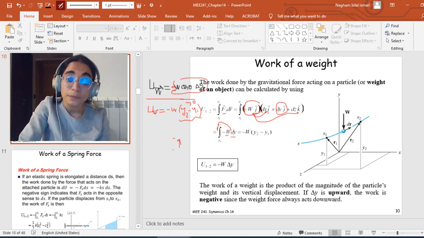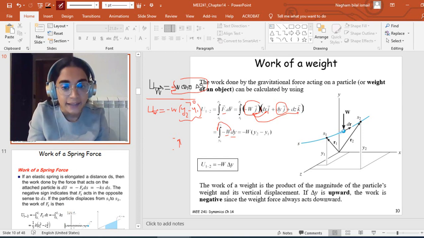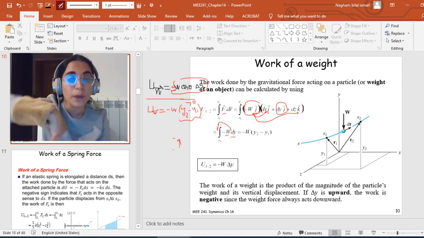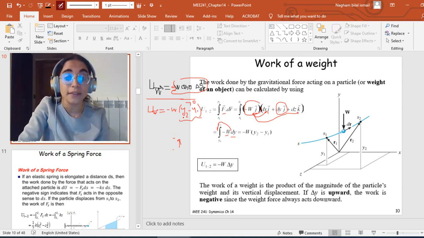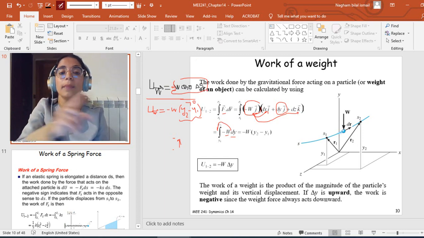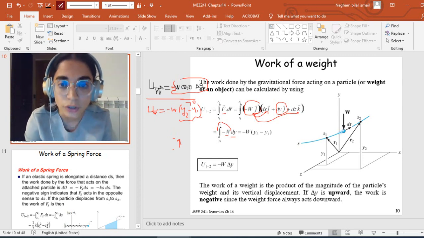All right? Now, if y2 minus y1 is negative, then this means, guys, that this particle is going downward in the same direction of the weight. This is a negative times a negative value, which will be positive, and this is what you're going to have here, plus W cosine theta delta s. So, guys, you're going to have the same answer, right?